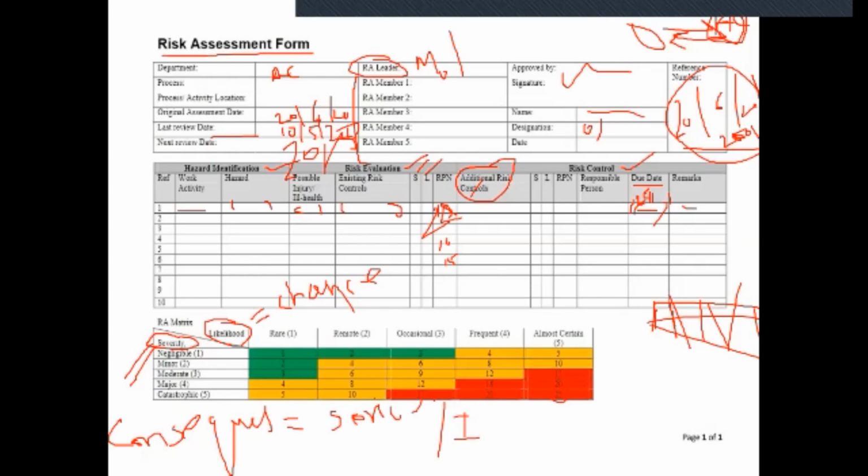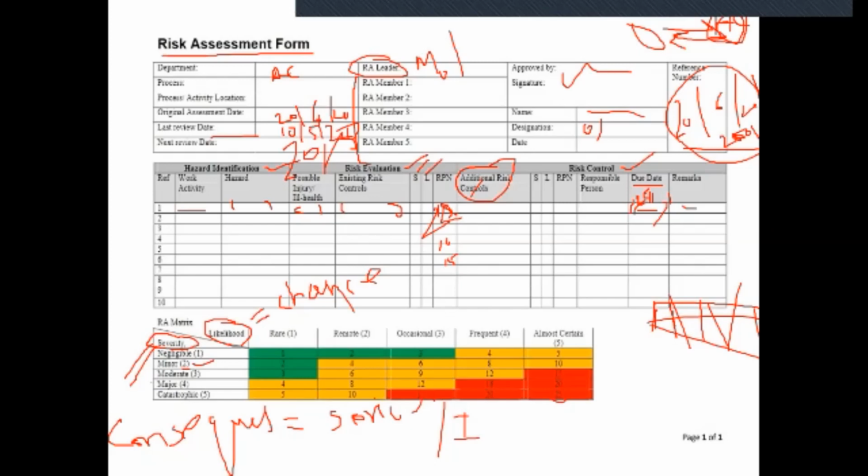If the severity is negligible, that indicates one. Negligible means something small, maybe a small cut, or something hitting our finger. For negligible ones, the risk priority number given is just one. Minor means small incidents; that is the minor one, and it gives a seriousness of 2.